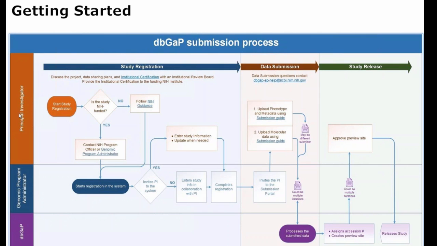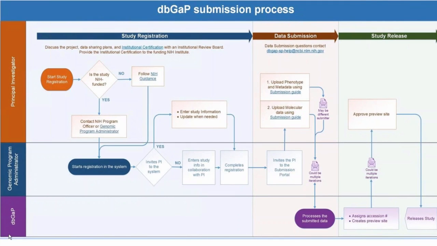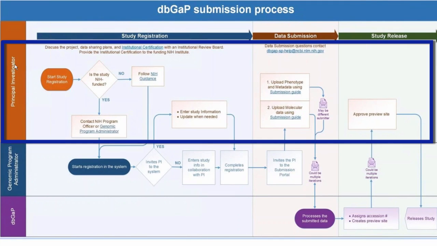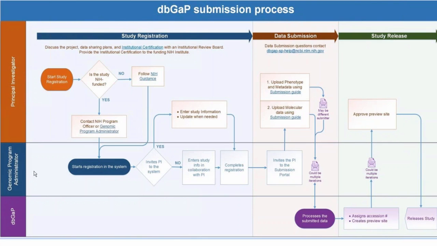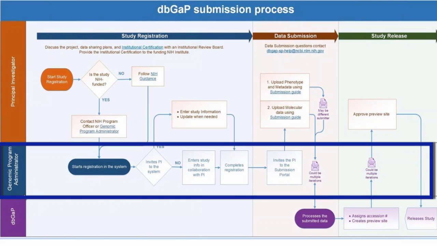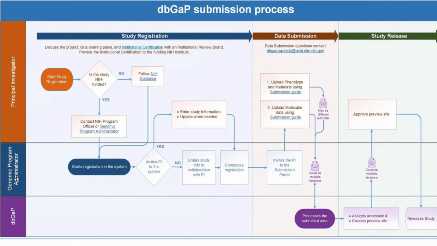There's 3 on the vertical axis of these are different roles. So the principal investigator, which I'll call PI from now on, and then the Genomic Program Administrator, which is the IC, so the institute or center's liaison to dbGaP and the administrator of registering studies in dbGaP and certifying the submission is correct and really administers the whole part of the submission registration process.